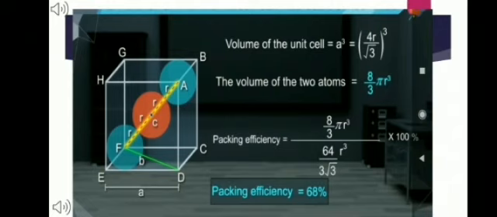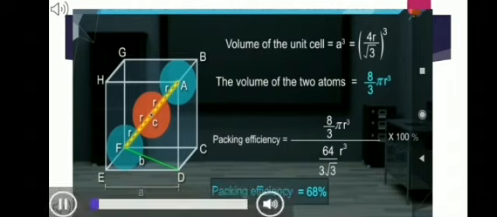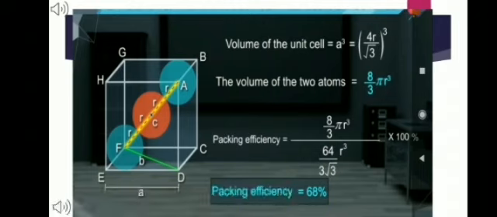By calculating this we will get 68%. Thus, 68% of the total volume in BCC unit lattice is occupied by atoms and 32% is empty space or void volume.